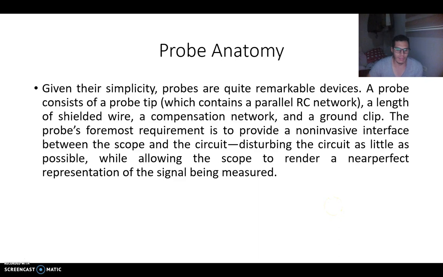A probe consists of a probe tip, which contains a parallel RC network, a length of shielded wire and compensation network, and a ground clip. The probe's foremost requirement is to provide a non-invasive interface between the scope and the circuit, disturbing the circuit as little as possible while allowing the scope to render a near-perfect representation of the signal being measured.